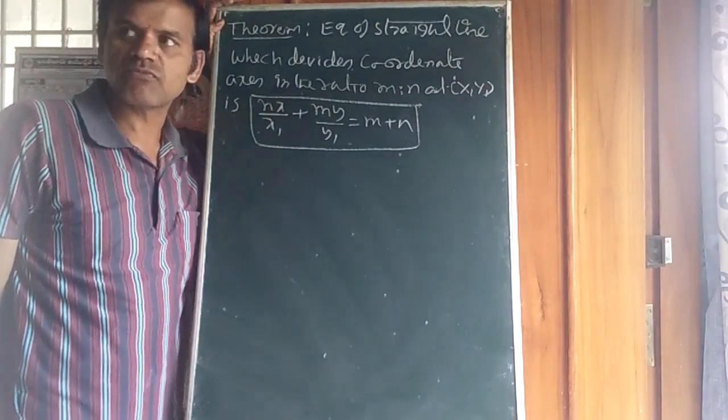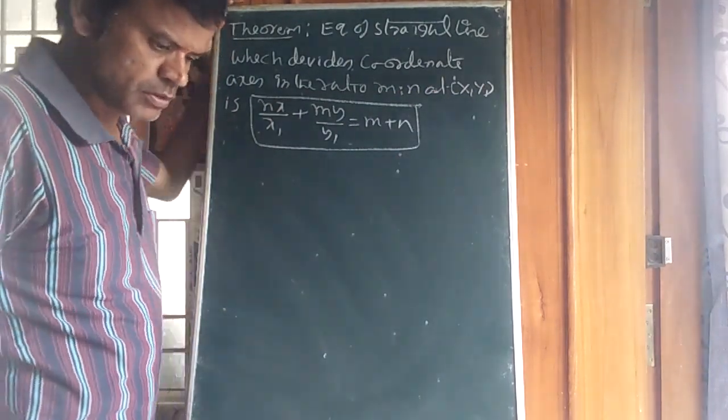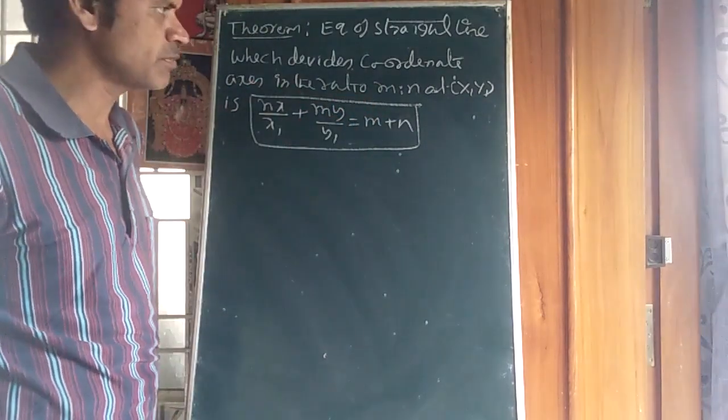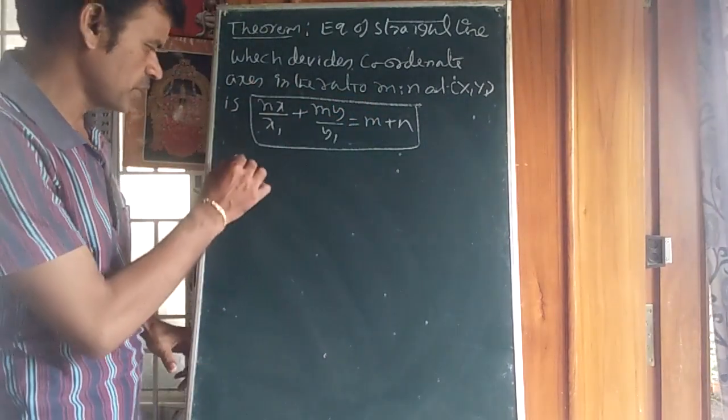This is a useful formula for objective also. This is the equation of straight line which divides the coordinate axis in the ratio m:n at x1 comma y1.